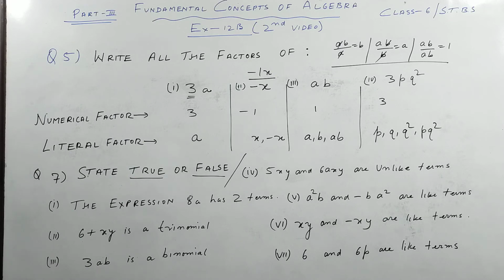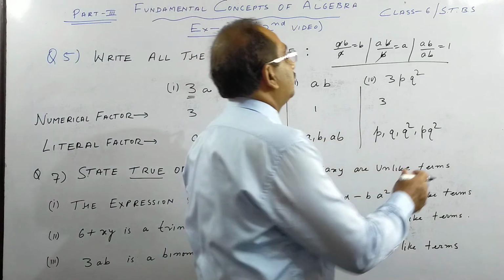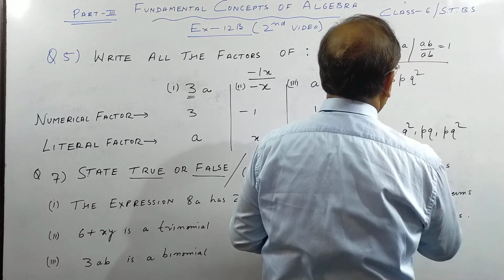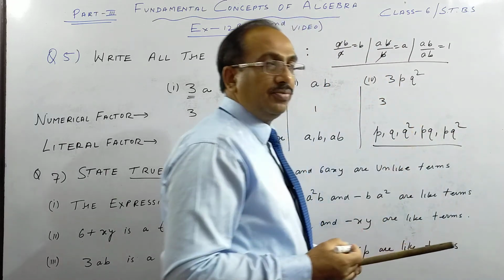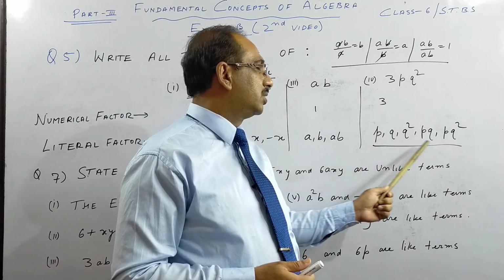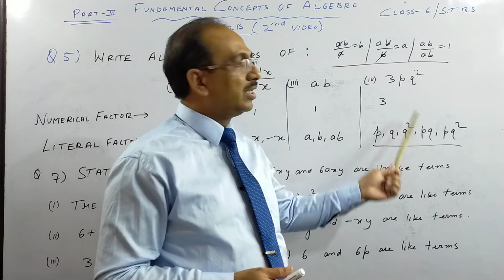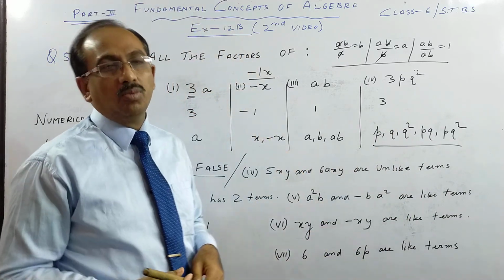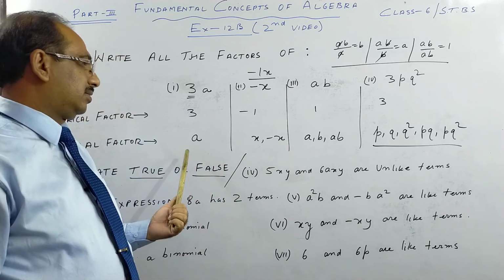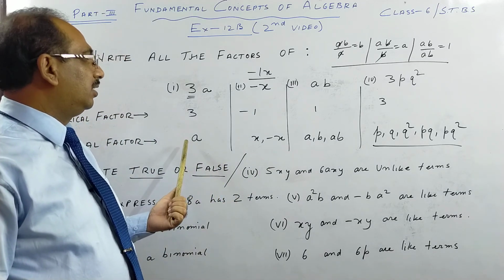See nicely, we have P, Q, Q square, and one more thing I think here is we will have PQ also, PQ and PQ square. So the total answer, if you see at the back of the book, we get 3 comma this comma this. So in total there are 6 factors, and remember, as I told you, for any monomial, 1 and itself is always a factor. So here we have divided.